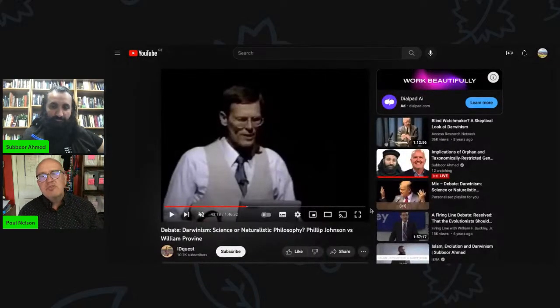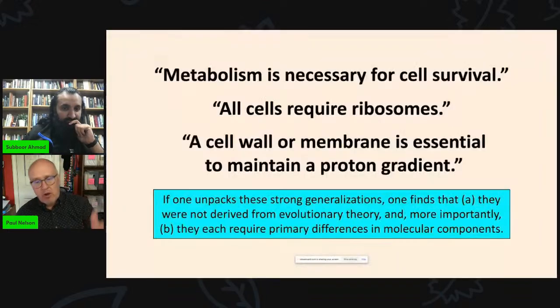Depending on the field you're working in, if you're a virologist, you better know some evolutionary theory. If you're an immunologist or someone on the medical side in infectious disease, evolutionary theory is an essential tool, right? Provine's point was that the connection between evolution and large areas of biological research is rather tenuous. Okay, so anyway, I'm spending too much time on that point.